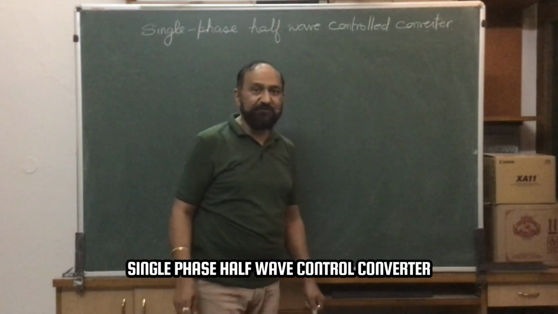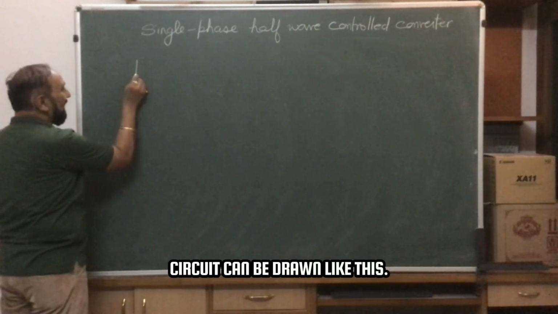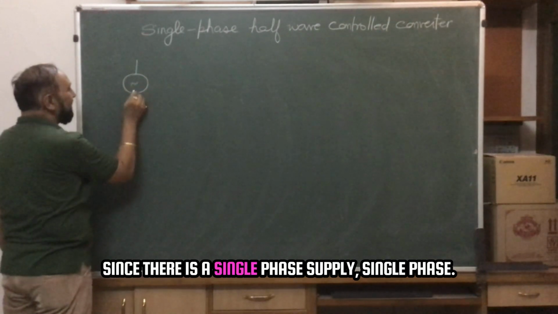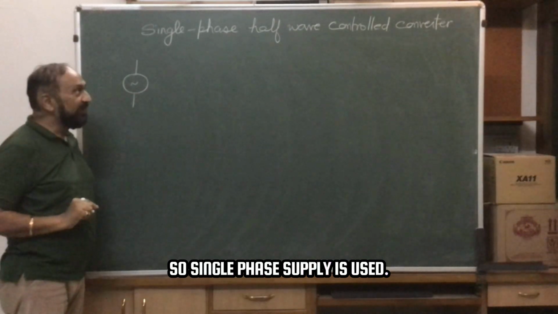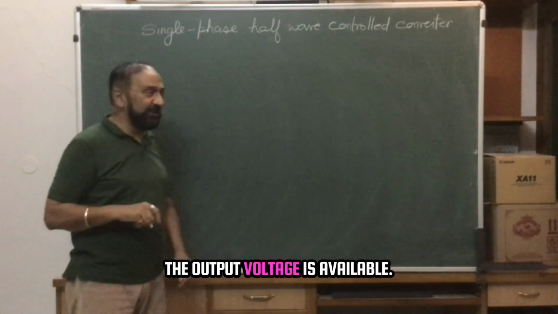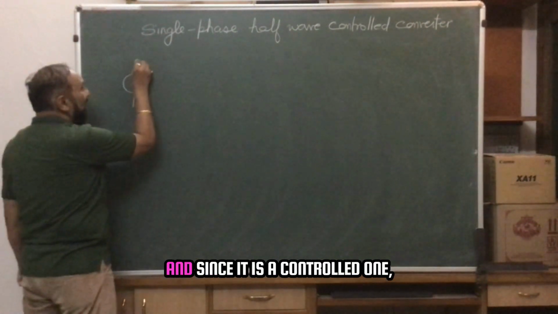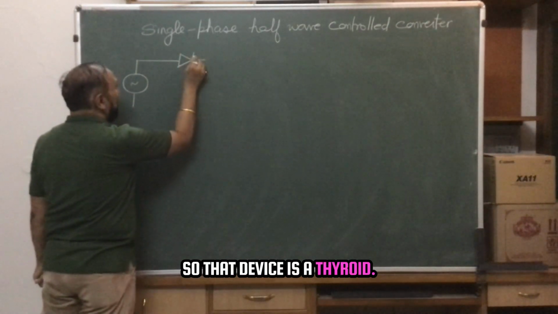Single phase half wave controlled converter. The circuit can be drawn like this. Since there is a single phase supply, a single phase supply is used. Half wave means only in one half cycle the output voltage is available, and since it is a controlled one, that device is a thyristor.